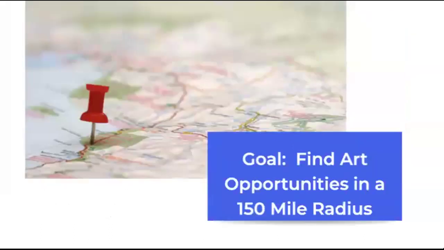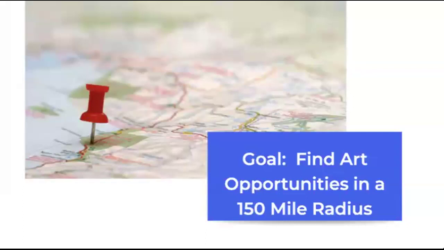Now, the example that I wanted to choose, and I actually might do more of these down the line. Let's see how this goes. But the example that I want to use, or the challenge or thing that we're going to use for our project, is finding specific opportunities within a 150-mile radius.